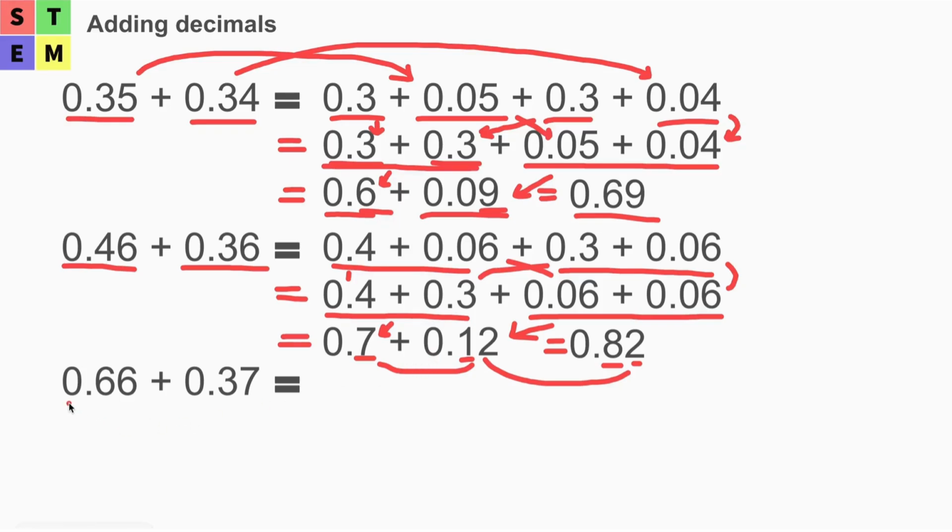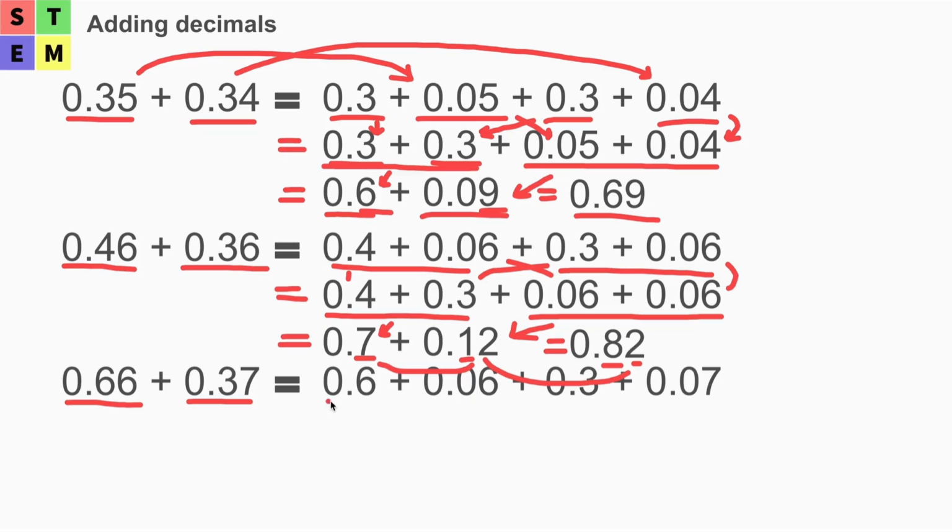And this example, all right? So that's 0.66 plus 0.37, okay? So the first step, again, same. All right, so the lines are overlapped with the calculation.